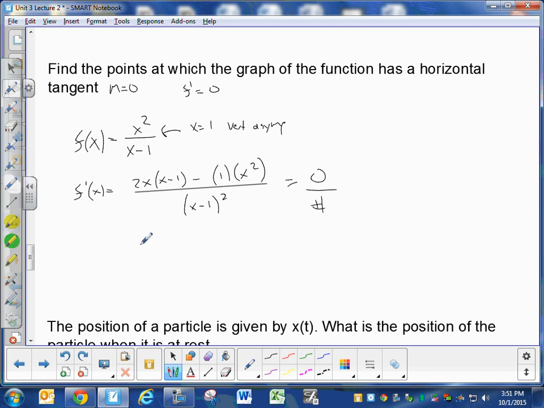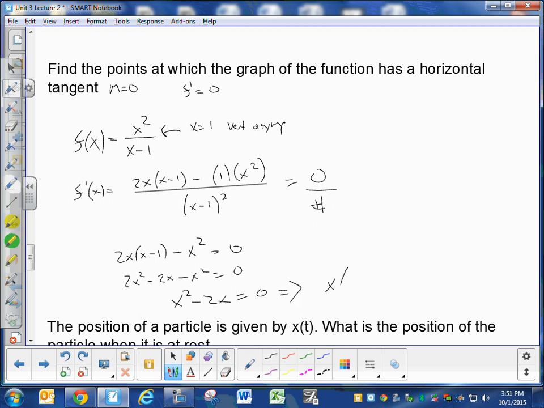So the numerator set equal to 0 would be 2x(x minus 1) minus x squared set equal to 0. Or 2x squared minus 2x minus x squared equals 0. 2x squared minus an x squared is just an x squared, minus 2x equals 0. I'll factor out an x.